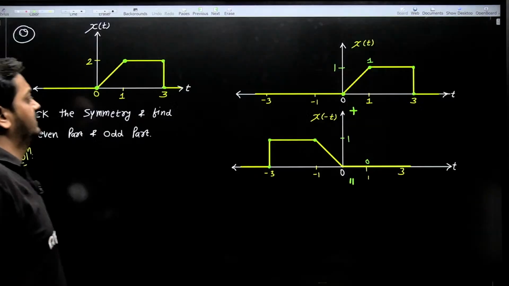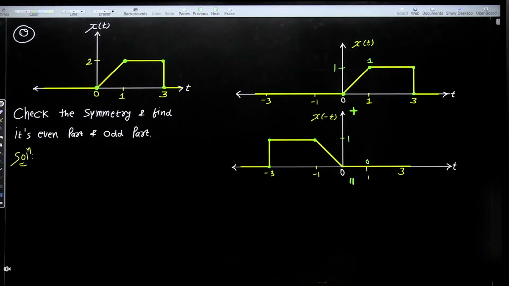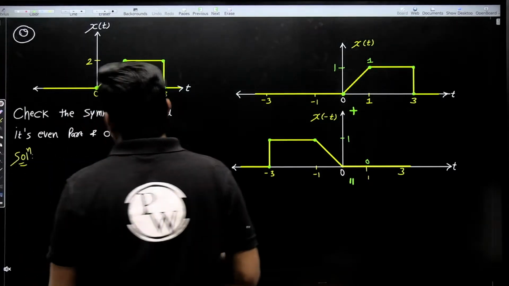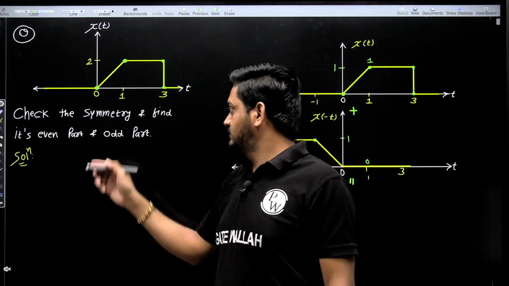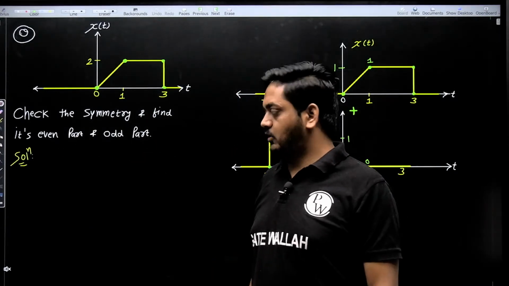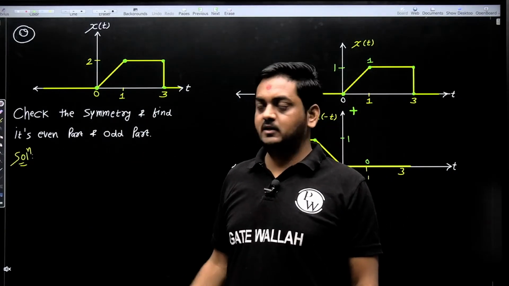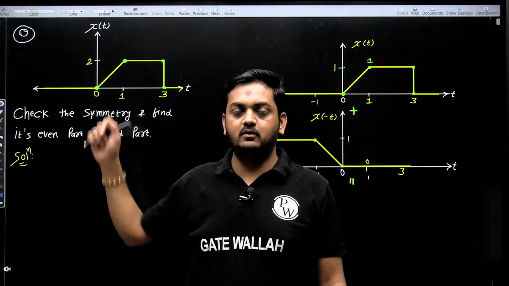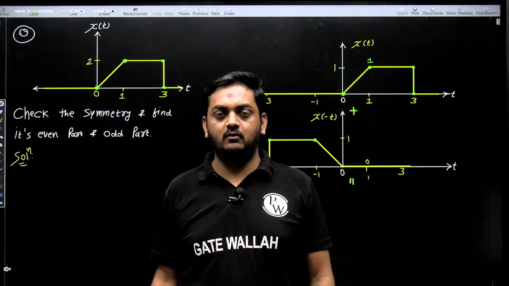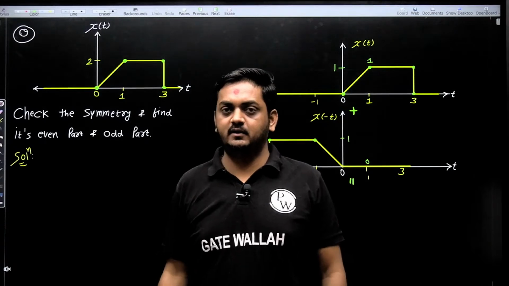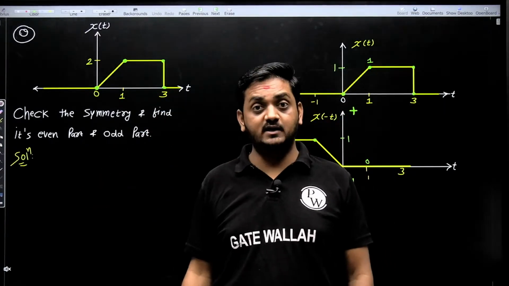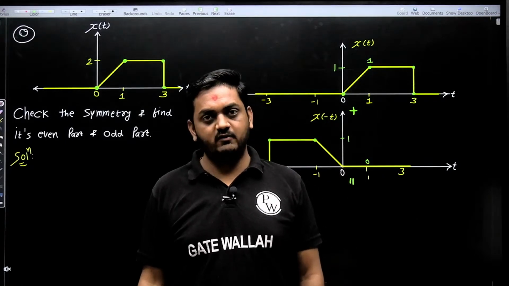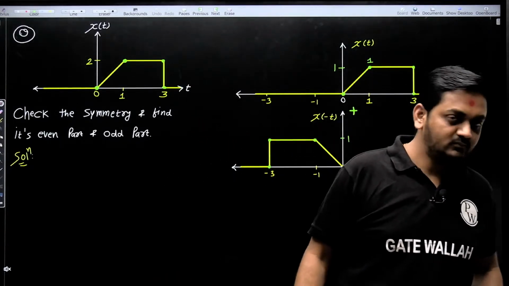Okay, next. Now graphically, guys, read the question. Check the symmetry and find its even part and odd part. So tell me, this signal is odd, even, or neither, guys? Of course, this is only a right-sided signal. Only a one-sided signal, that means neither, guys.